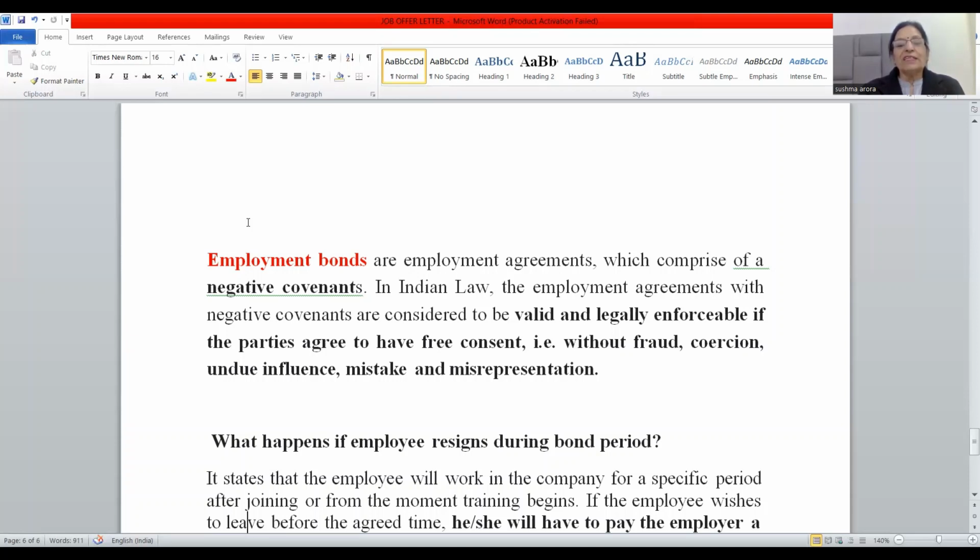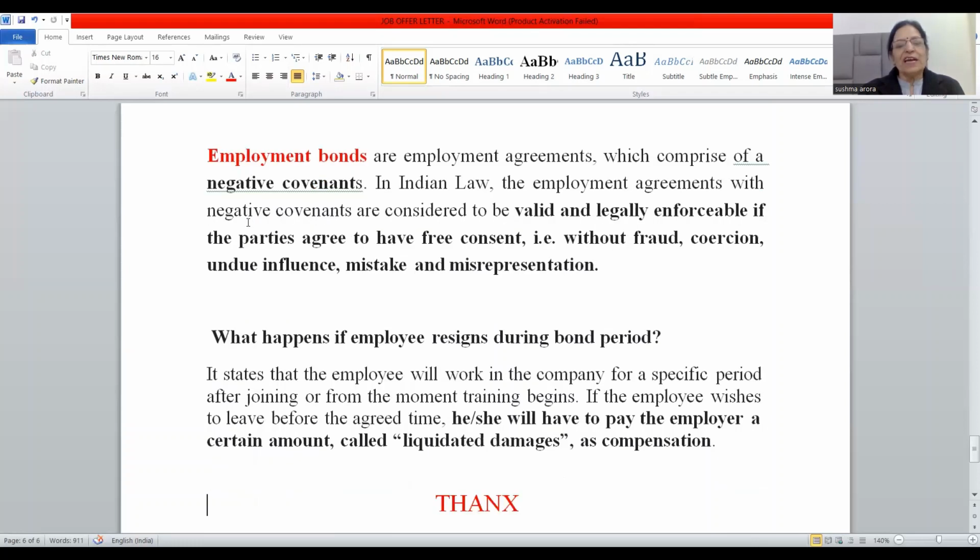Consent has been defined under Section 13, but free consent has been defined under Section 14. Consent is said to be free when it is not caused by coercion, undue influence, fraud, and misrepresentation. So you all know, friends, if both the parties have agreed, then in that case these bonds will be valid and legally enforceable. But what happens if the employee resigns during the bond period?